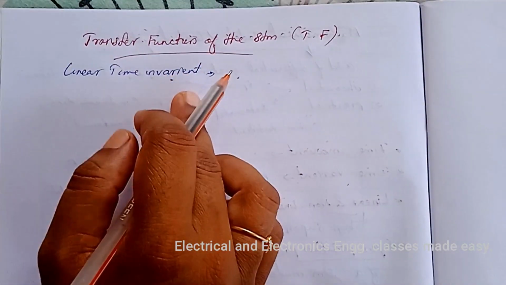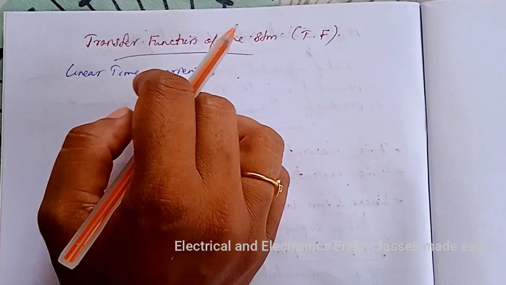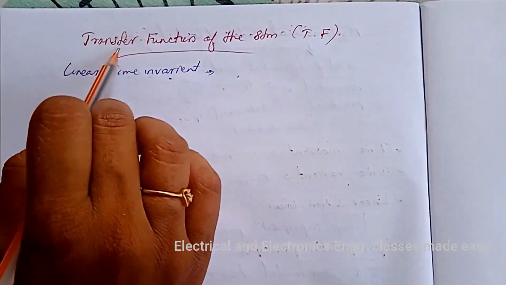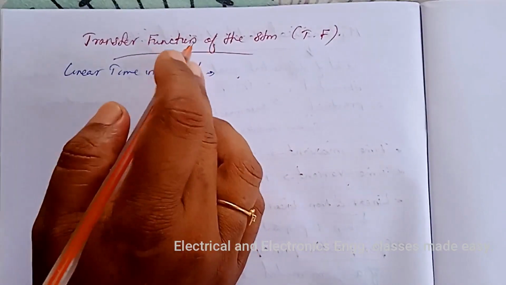One such model for single input and single output system analysis is the transfer function.